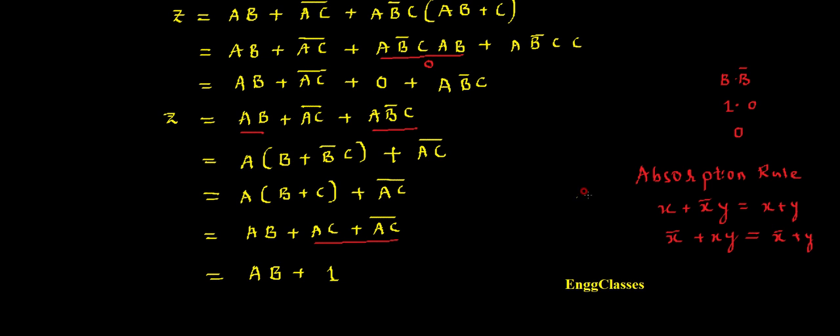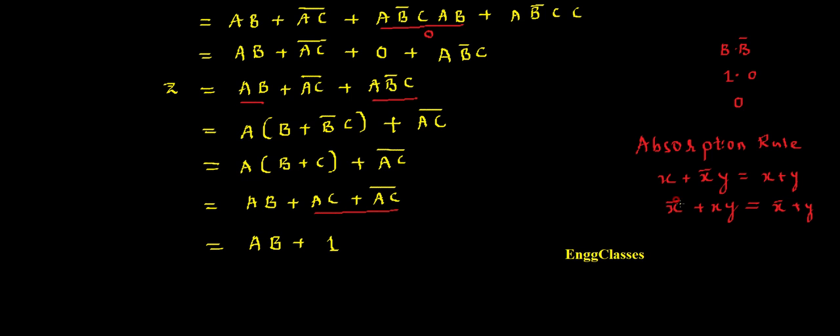Now it is AB plus 1. Again, by the truth table of OR, 1 plus anything is always 1. So 1 plus x is 1, 1 plus y is 1, similarly 1 plus AB is always 1.